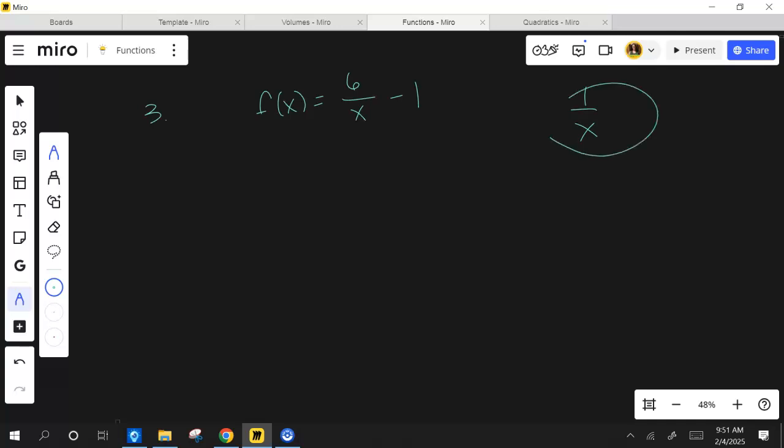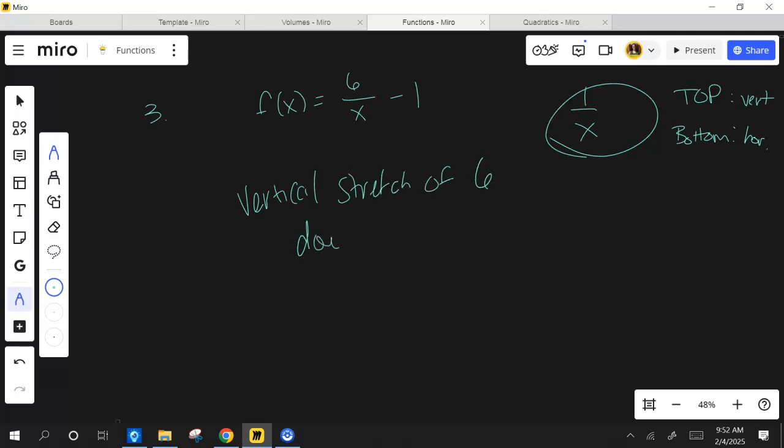If you have a number in top, that's vertical. If you have a number in bottom, it's with the x, and that's horizontal. So for this one, it's in the top, which means I'm going to call it vertical. So I'm going to say that this is a vertical stretch of 6. And then, of course, the down.